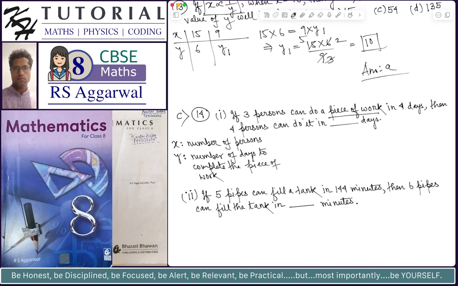Then we can say that the number of days will be inversely proportional to x.